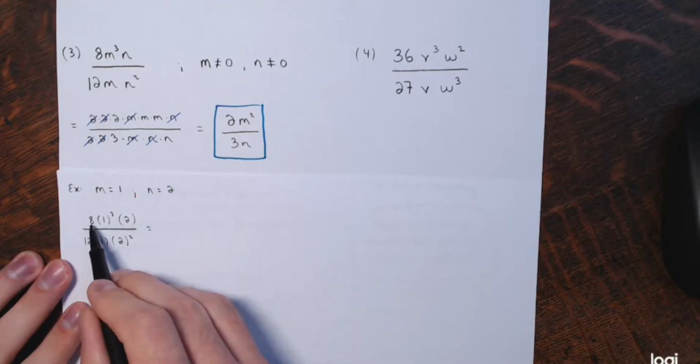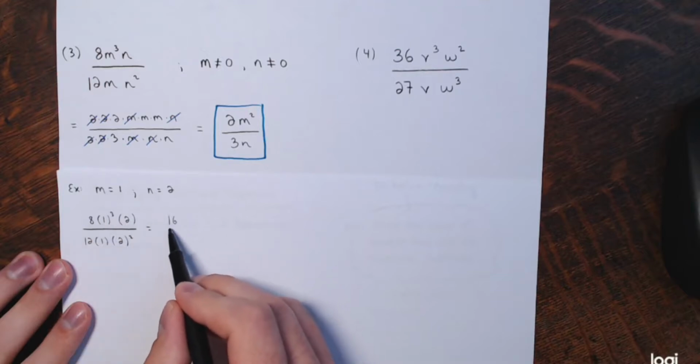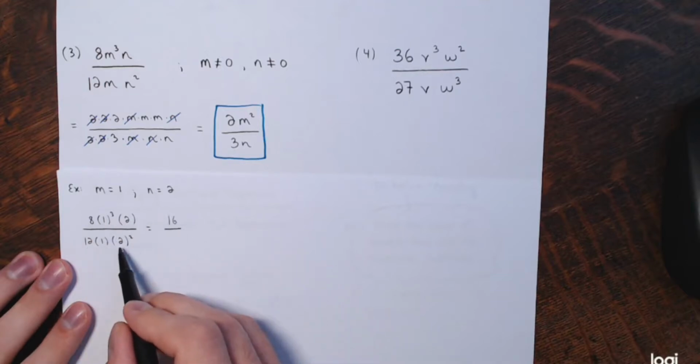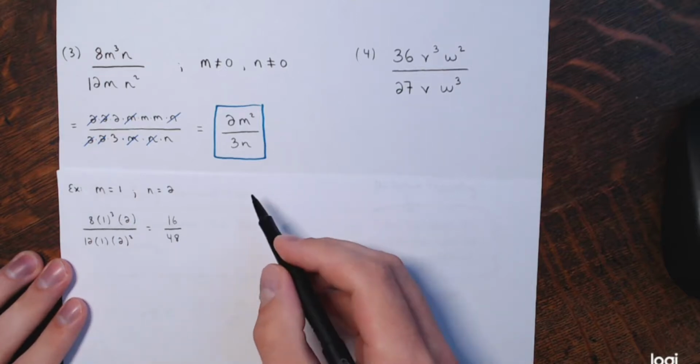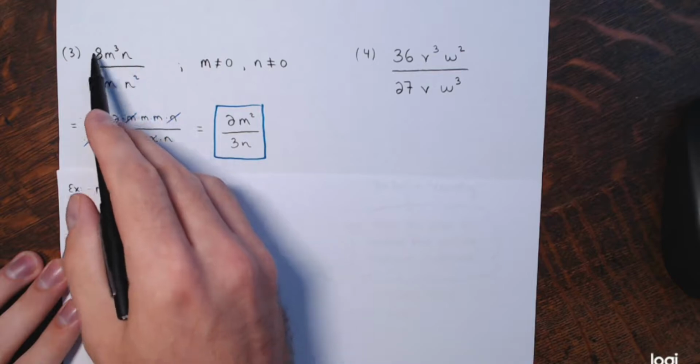This would just be 16 in the numerator, and then 48 in the denominator. Right? That's the left side, the original fraction.